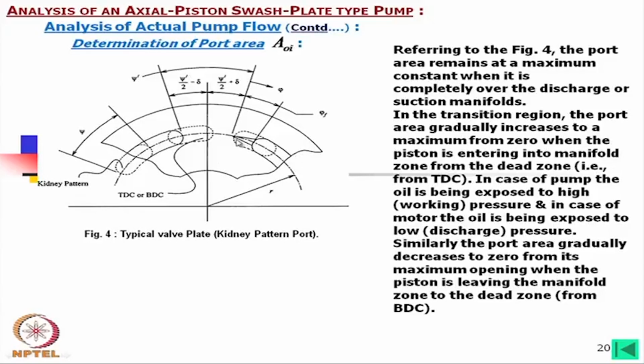So, when it is gradually coming over this port, first it will cover the silencing groove, then it will start covering the main area of the manifold. Until this end is coming fully on the manifold, the area is gradually varying, initially on the groove, then on the main manifold, which we have to carefully calculate.